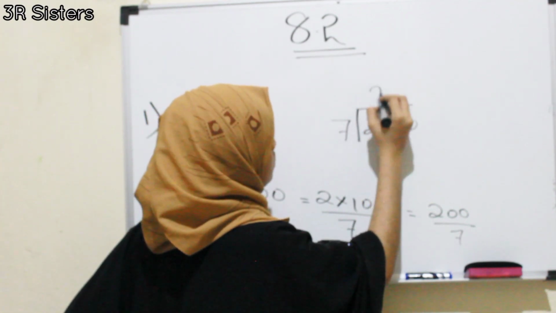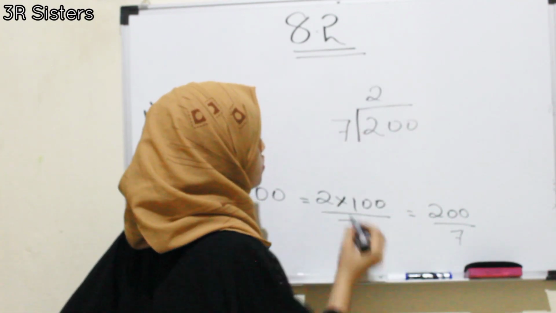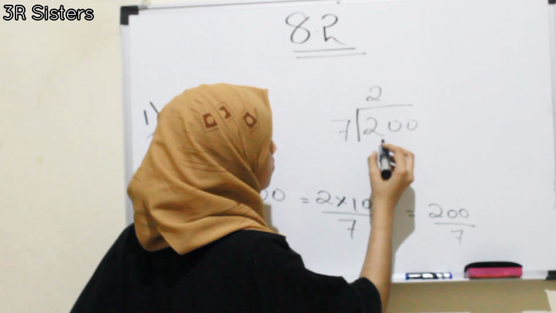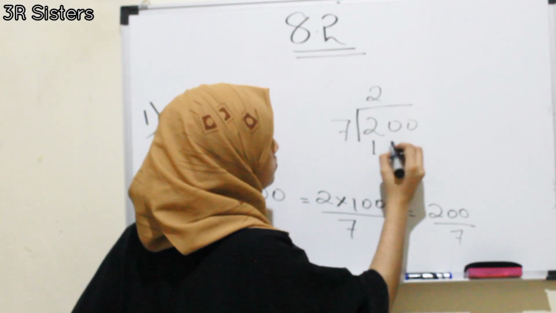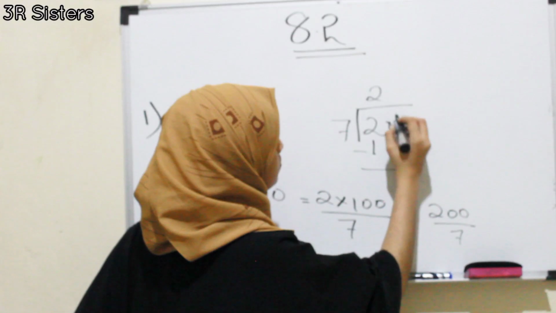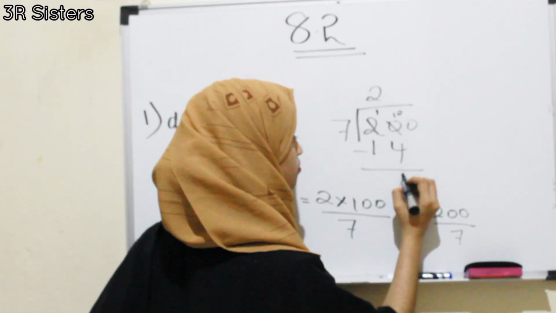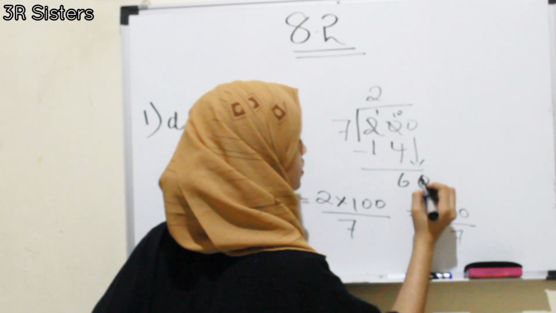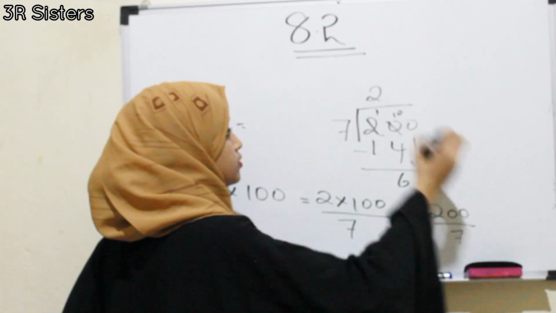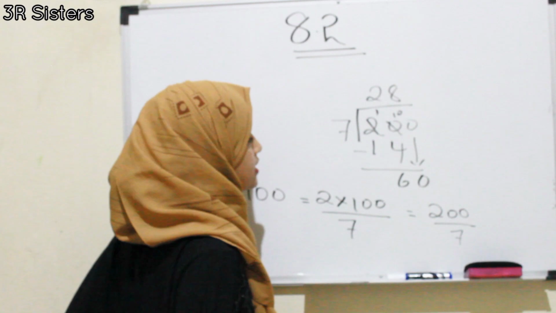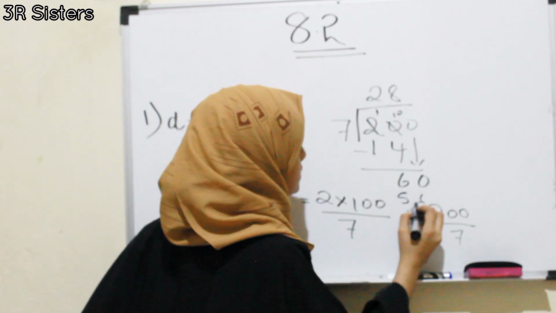27, 2 sevens are 14. 60, how many 7s will go? 8. 8 sevens are 56.